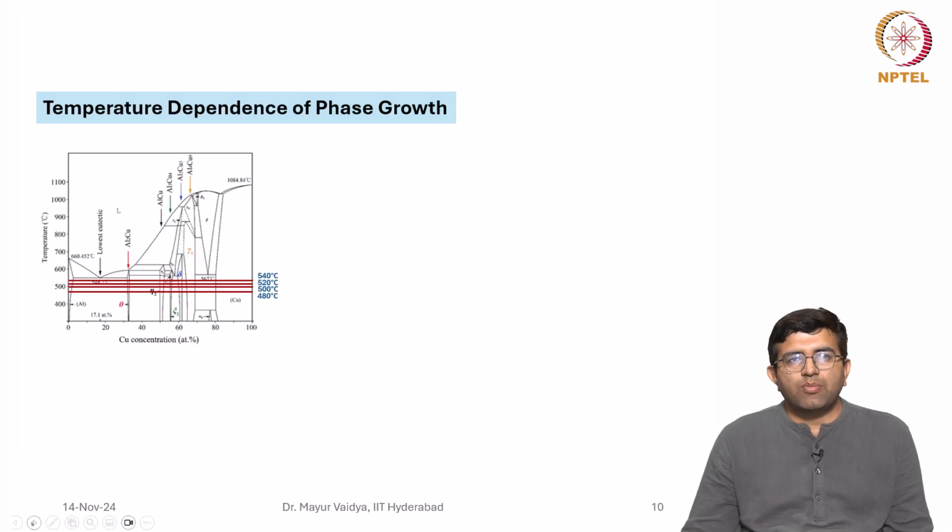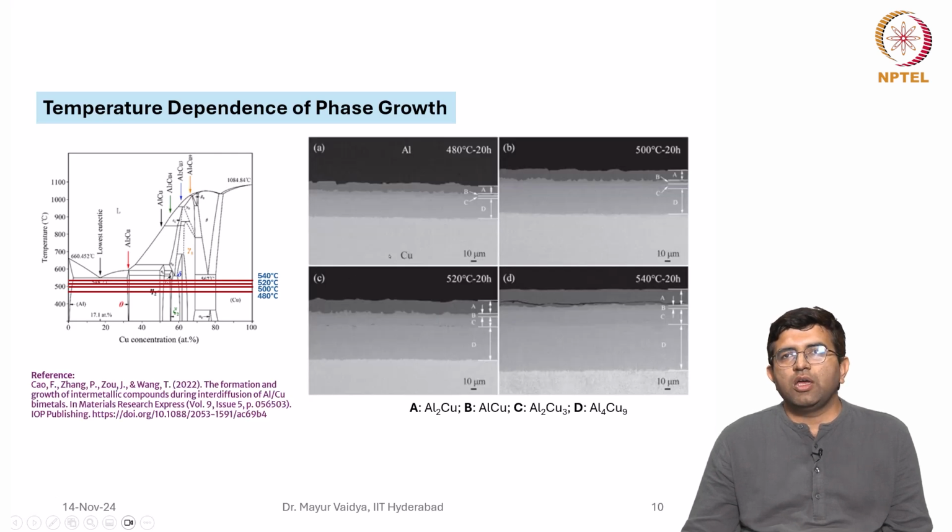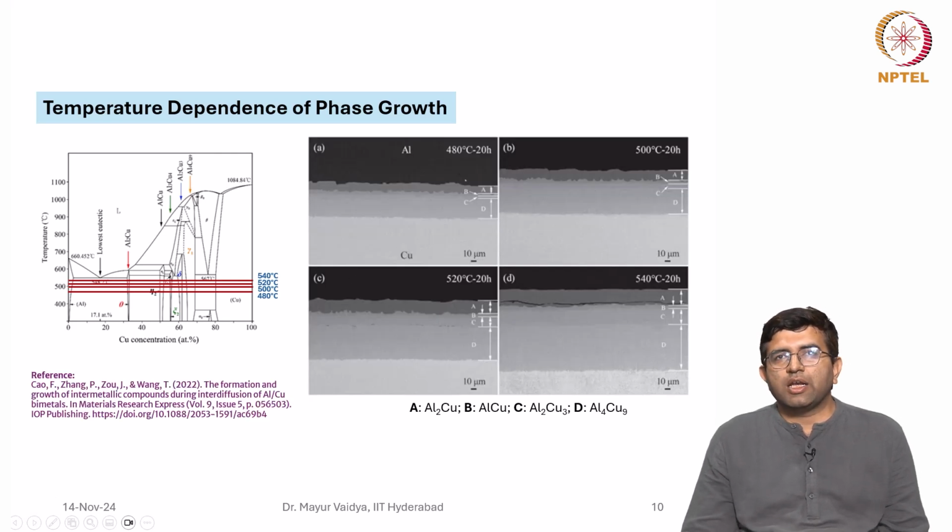Another example is from an aluminum copper system. You see here that this is aluminum, this is copper, and here is the interdiffusion zone which is developed. And you can see here that this A, B, C, D refers to Al2Cu, AlCu, Al2Cu3, and Al4Cu9.